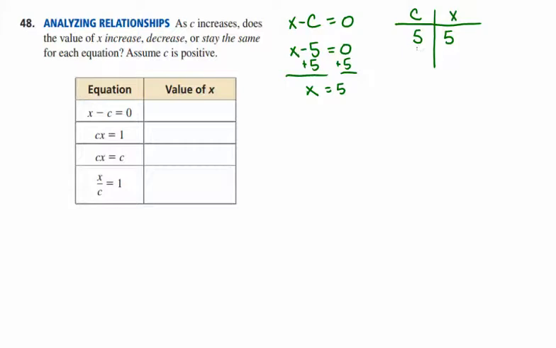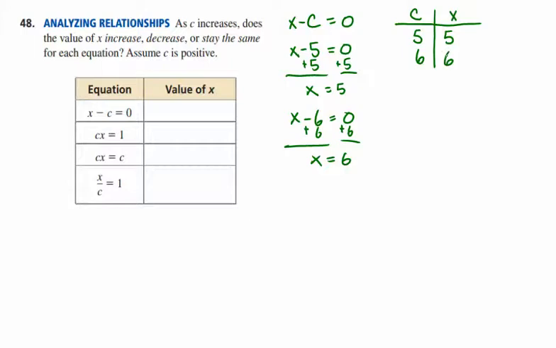Let's let c be equal to 6, although it could be 10, could be 20, anything greater than 5. Let's plug that into the original equation, and we add 6 to both sides, and we see that x would have to be equal to 6.